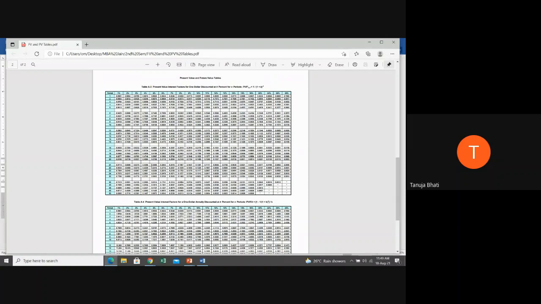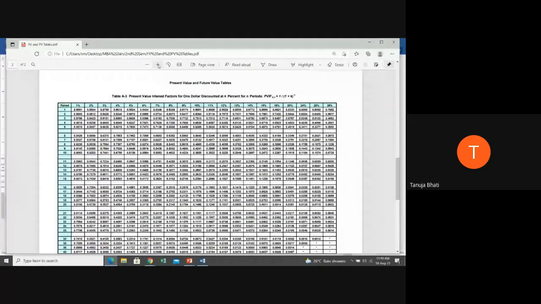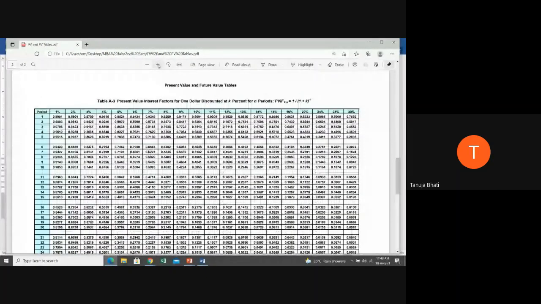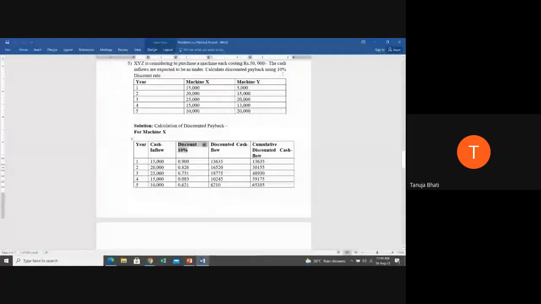So where am I supposed to see? Can anyone tell me where am I supposed to see exactly for this value? See, students, the discount rate is 10%, and for year 1 I have to check.